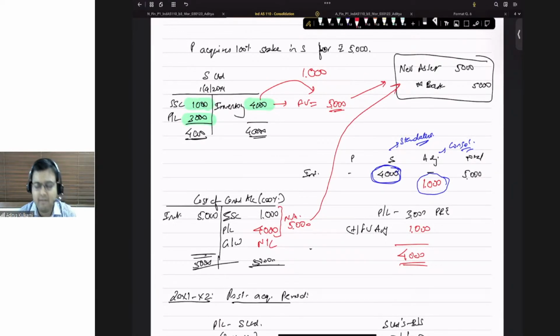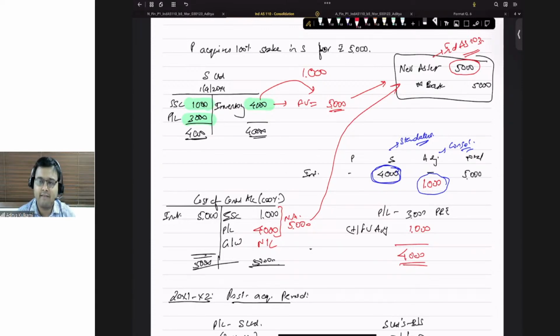So that is why we do the fair valuation. The purpose behind fair valuation is to ensure that my goodwill figure goes correct, because that fair valuation is in pursuance of Ind AS 103. It is not a fair valuation out of what you say obsession of fair value.